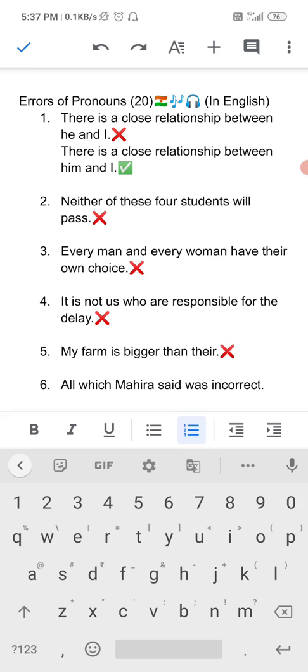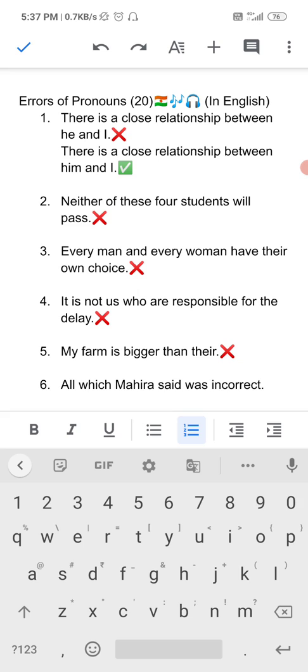Question number second. Neither of these four students will pass. We have used four students in this sentence, and we have used the pronoun neither in this sentence. Neither is restricted to two entities, but we have used here four entities.